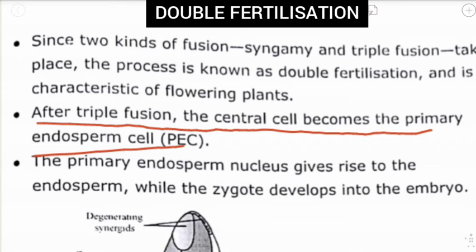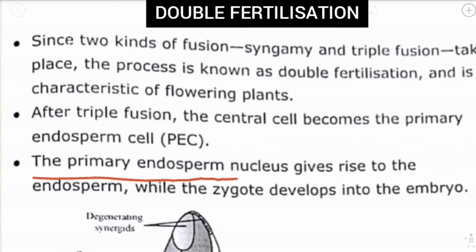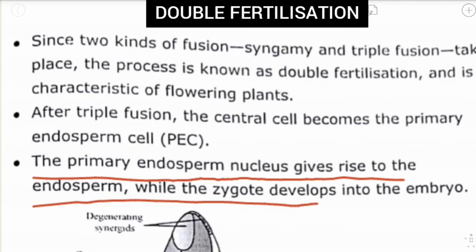The primary endosperm nucleus gives rise to the endosperm while the zygote develops into the embryo. The endosperm develops from the primary endosperm nucleus, whereas the zygote formed by syngamy develops into the embryo.